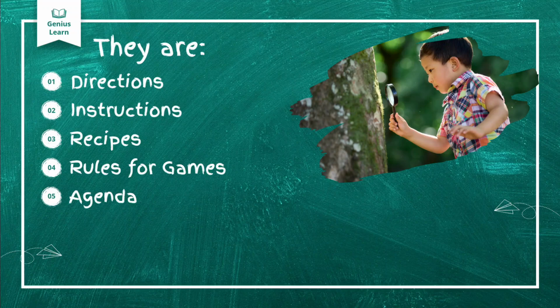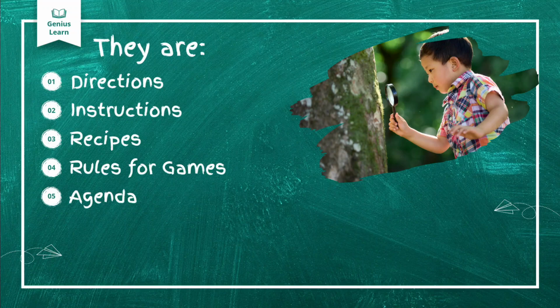And then the third is about recipes. So recipes usually guide you about how to cook food or how to cook something. That is called a recipe. And then the fourth is rules for games. So I have already said before, when you want to play a game but you don't know how to play it, you need to read the rules of the game in order to play the game correctly.